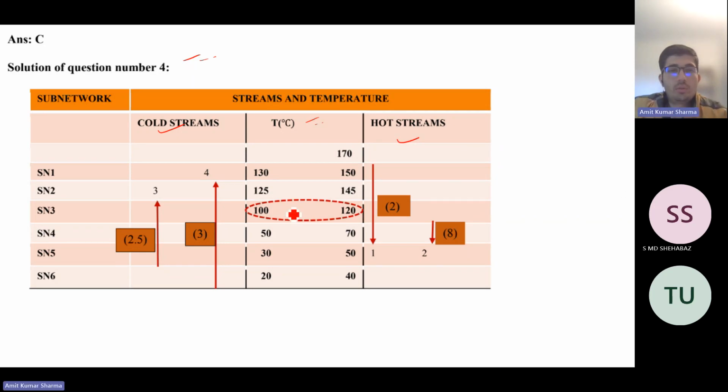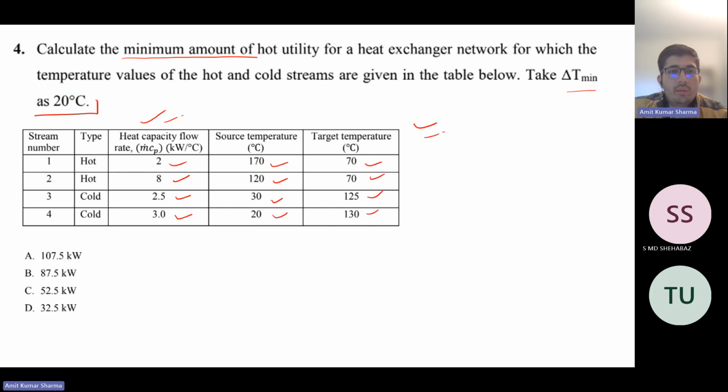Okay, so let's see. We have given for the hot stream the source temperatures: 170, 120, 30 and 20.